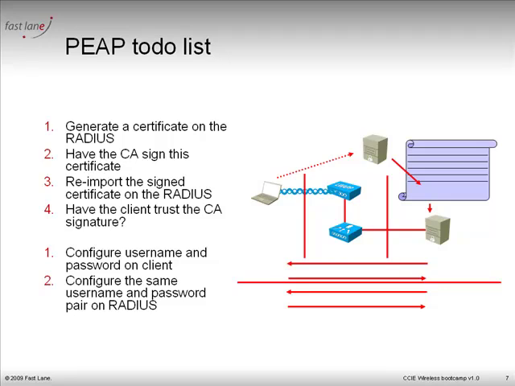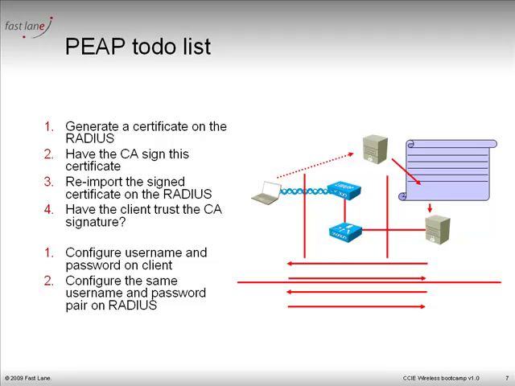For the EAP-PEAP, it's actually a little bit simpler. It's the same process on the RADIUS side, because the RADIUS has a certificate. So same process, you generate a certificate, have it signed by the CA, then you re-import it to the authentication server, and of course you may want to add the signature of the CA into the client so that the client can verify the validity of the certificate.